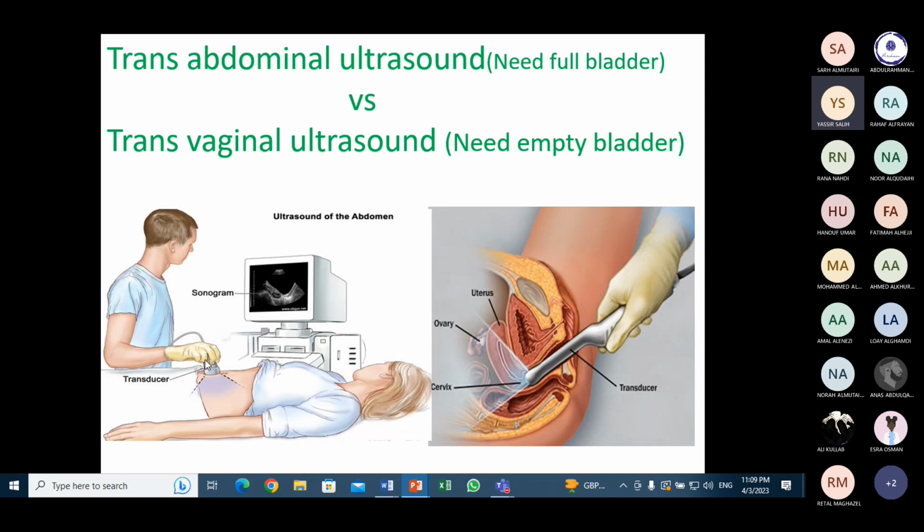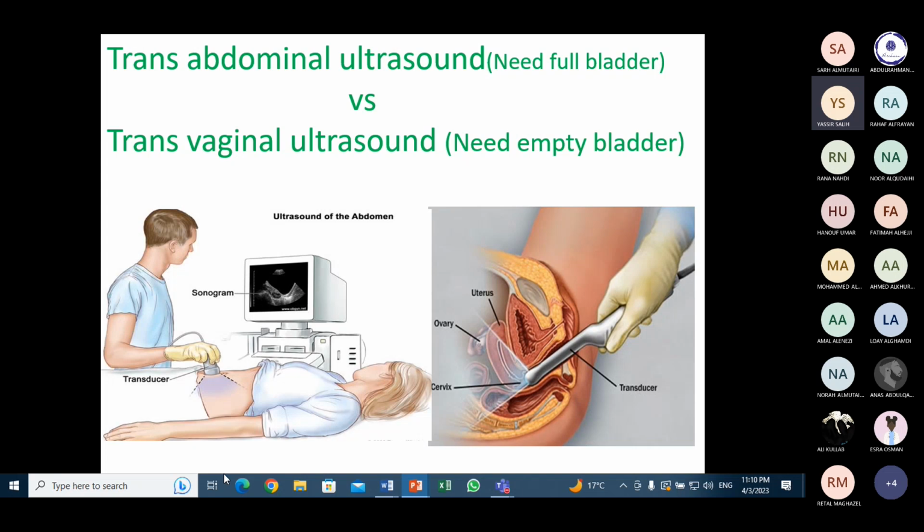In transabdominal ultrasound, the operator puts the probe or transducer on the anterior abdominal wall externally to look at the pelvic organs, to assess the uterus, the ovaries, the adnexa and the urinary bladder. The sonographer looks at the monitor to assess the pelvic organs.